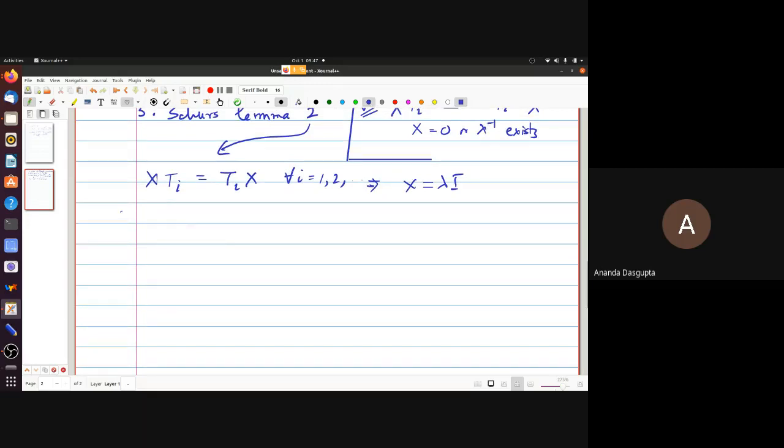Once we are sure about this, let's go on to the next topic, which is some applications of Schur's lemma. Application number 1 is actually quite an important result, but it's a very simple result: all irreducible representations of an abelian group are one-dimensional.